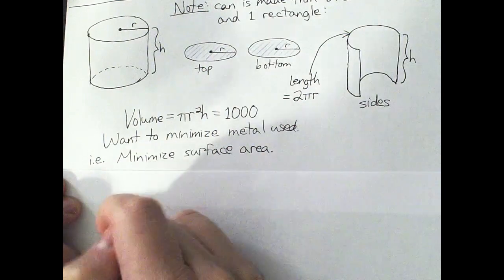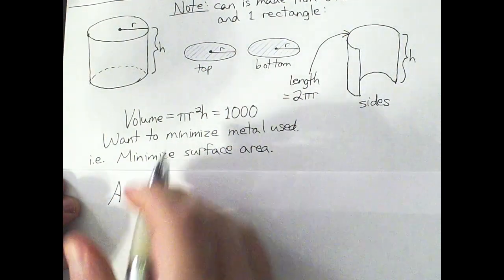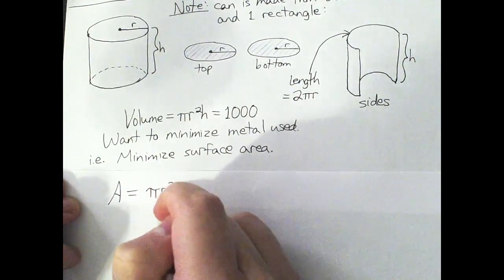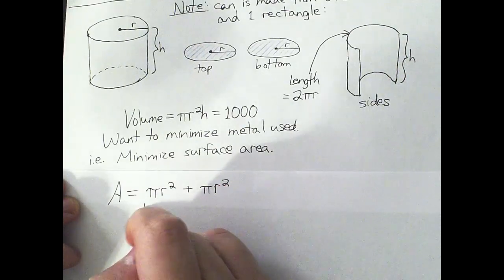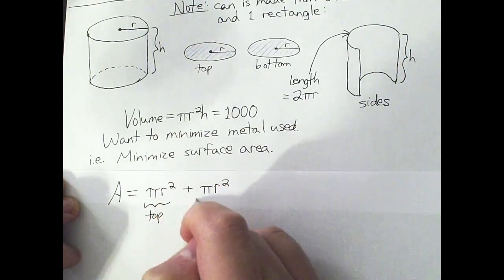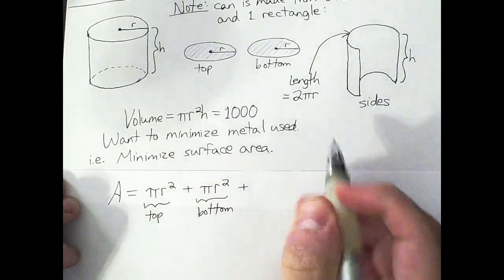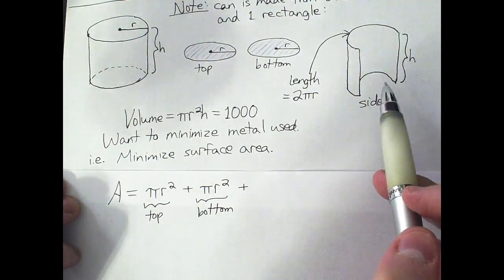All right, so I say that the surface area, which I'm going to call capital A, is the area of the top, which is pi r squared, plus the area of the bottom, which is pi r squared. Here, we'll label these as we go. Top, bottom, plus the surface area of metal used to make this rectangle.